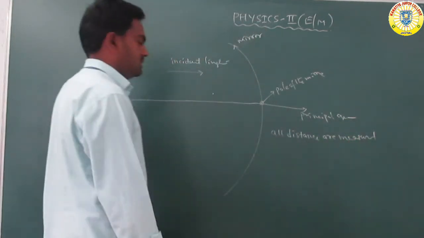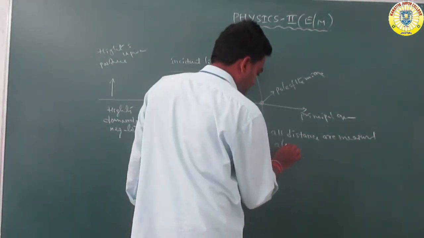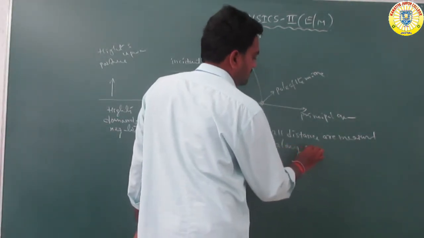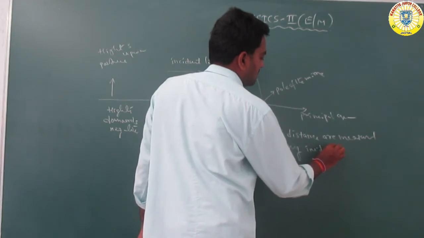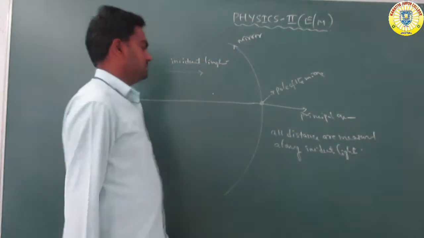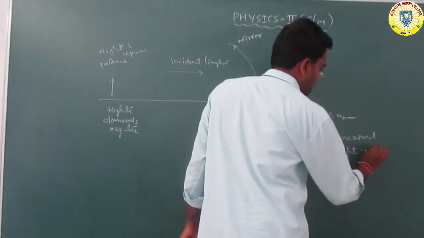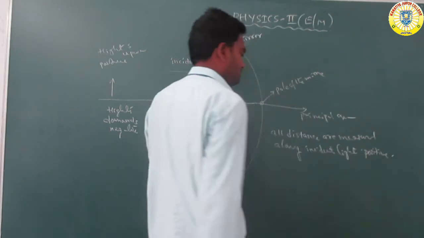All distances are measured along the incident light and taken as positive.